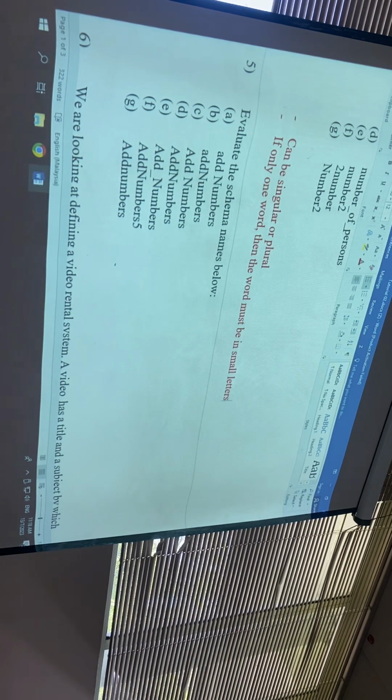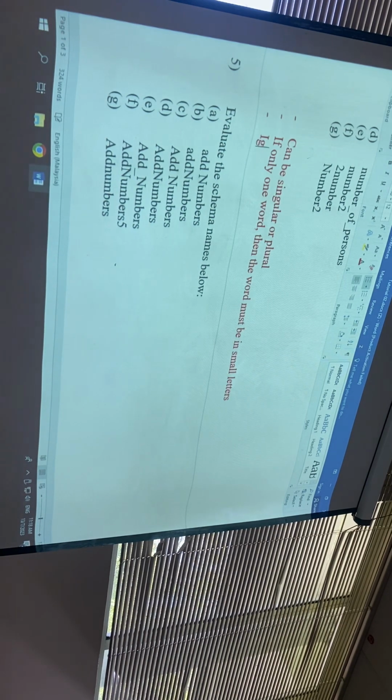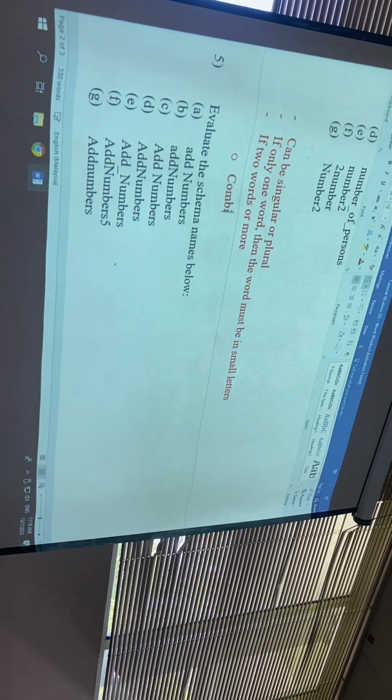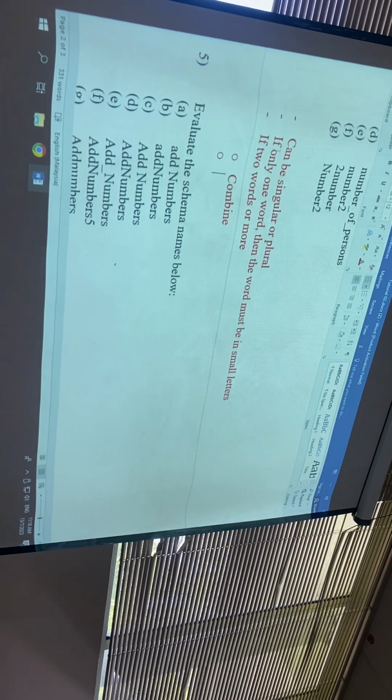If two words or more, you can combine them, or you can use underscore.